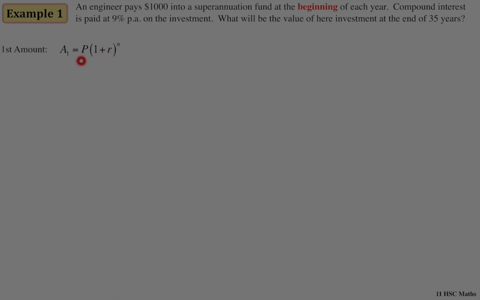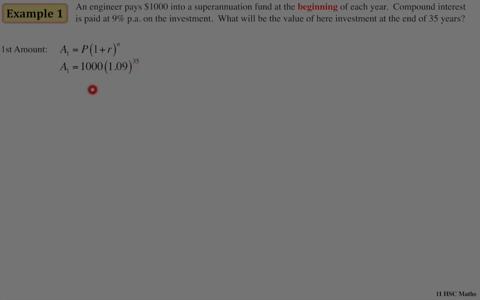So we've got $1,000 times 1.09 to the power of 35, because this amount is invested at the beginning of a year, and he's not collecting it for 35 years, so it'll get 35 years' worth of interest. The 1.09 is because our interest rate is per year.